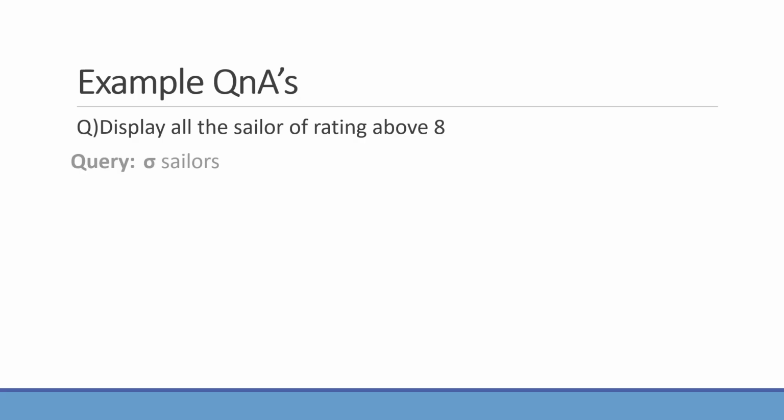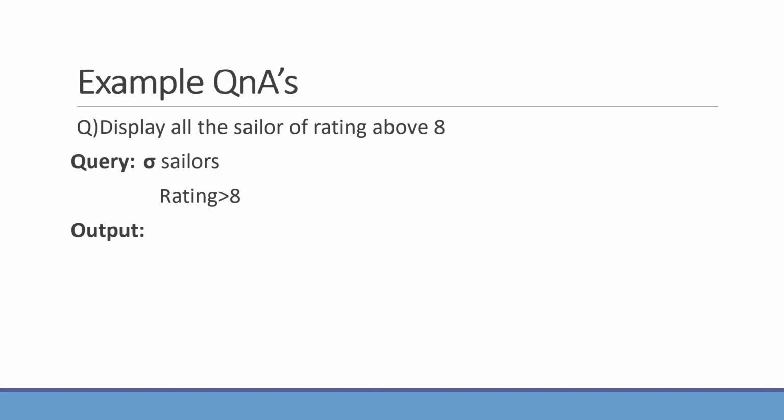Let's see. Query. As I already said, it is denoted by the symbol sigma, and you write a specific condition on what you have to get the output for. Sigma of sailors.